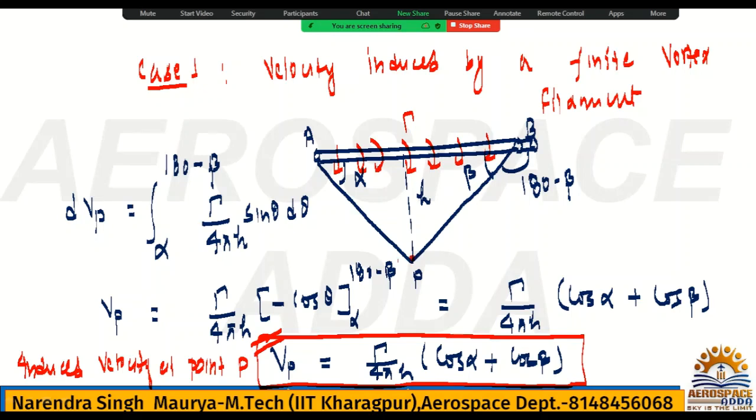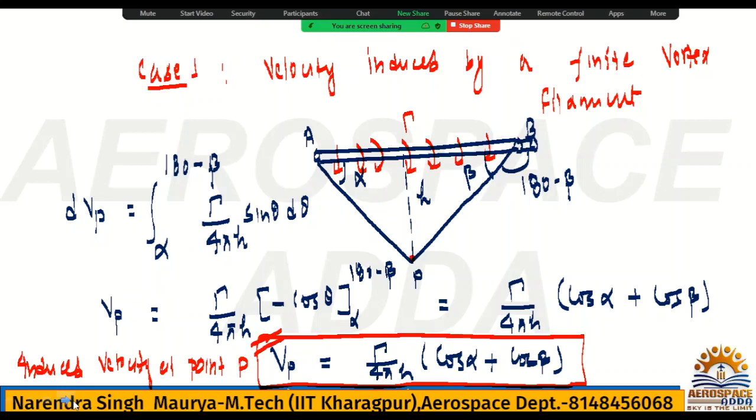Okay, use the right hand thumb rule: you hold this vortex tube and extend your thumb, your forefinger will show the direction of the induced velocity. If I do this, then the induced velocity you may get downward, yes or no? Upward, downward, that practice, once we solve the numerical, we will get that. It's not a big issue.